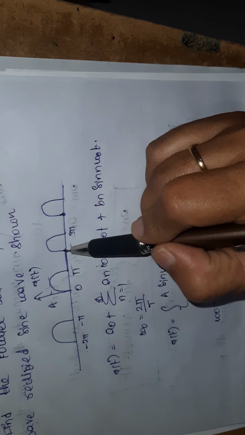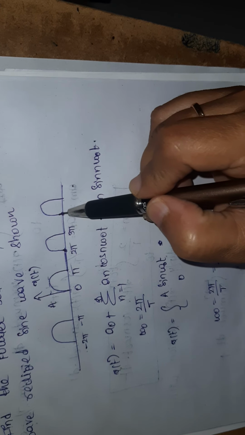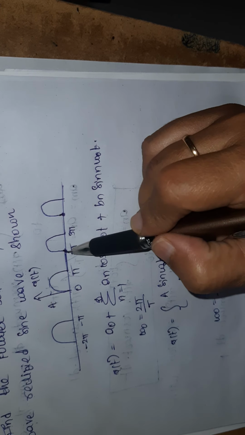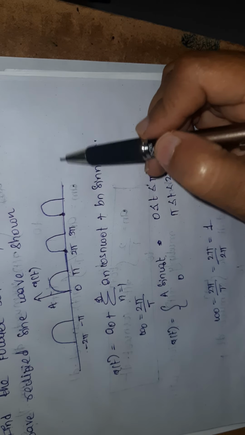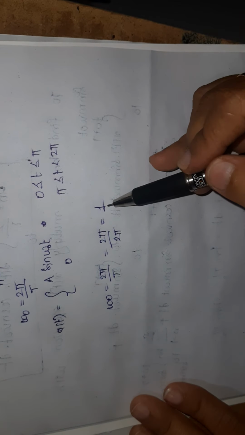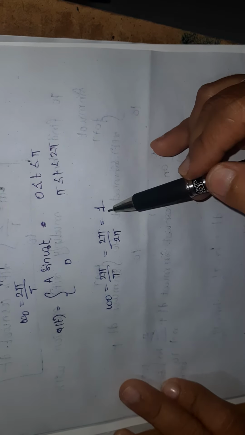So 0 to 2 pi, next 2 pi to 4 pi, and 4 pi minus 2 pi gives us 2 pi. Next 4 pi to 6 pi, next 6 pi to 8 pi, like that. So I am having T is equal to 2 pi, and the frequency is 1.